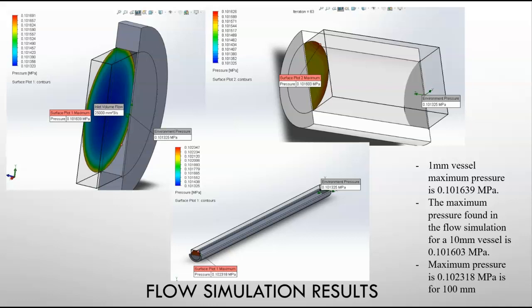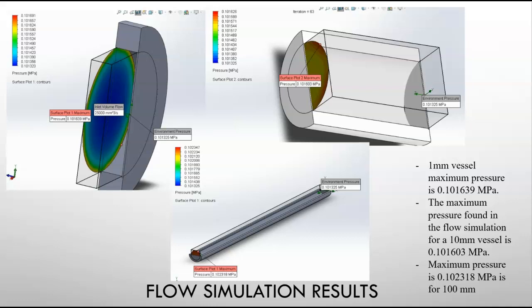And I also made sure to put a lid on it so that the flow simulation was conducted properly. So I put the inlet volume as 25,000 millimeters cubed per second, and I did that for all of them. And then, of course, I made it to its desired length.